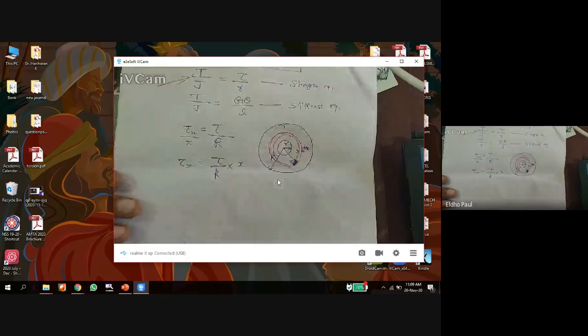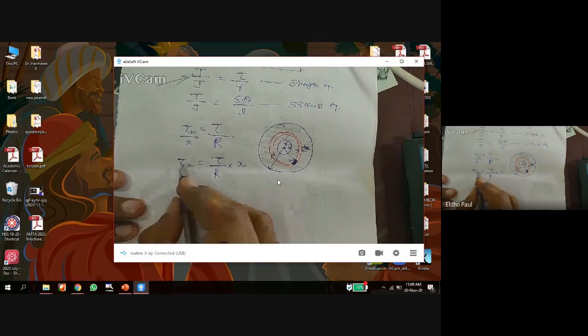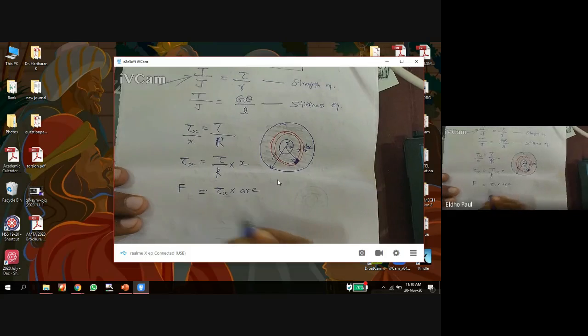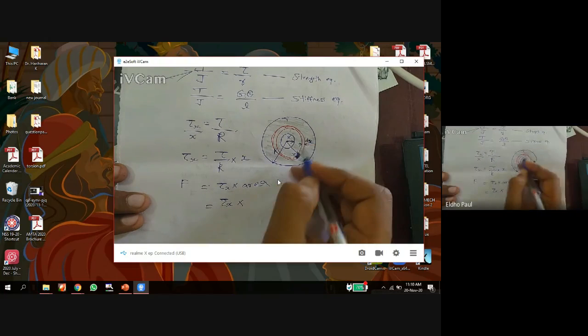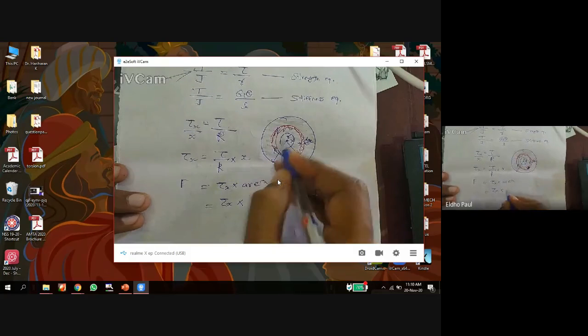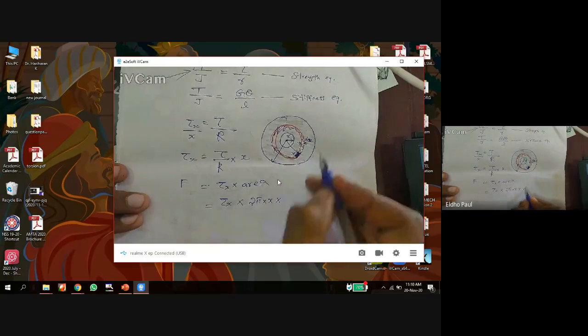Then from this we can calculate the shear force. Shear force is equal to shear stress into area, that is tau x into the area of the elemental portion, which is the perimeter 2 pi x into the thickness dx.